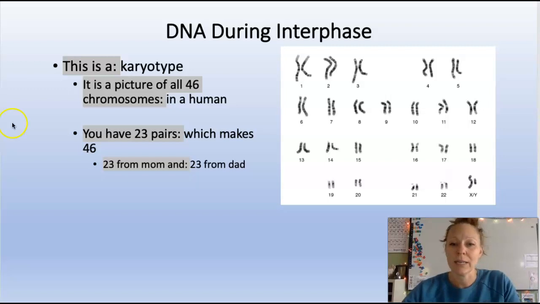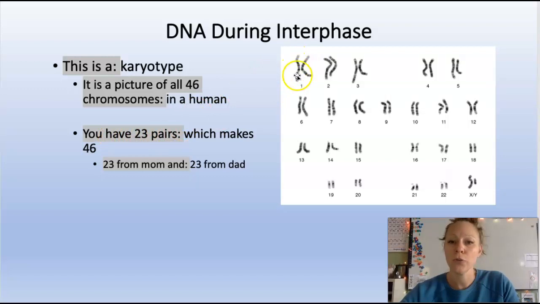And this right here is a karyotype. It is a picture of human chromosomes, or human strands of DNA. We have 46 chromosomes, or 46 strands of DNA, in each of the nuclei in our cells. So we think of it like this: we have 23 pairs of chromosomes.